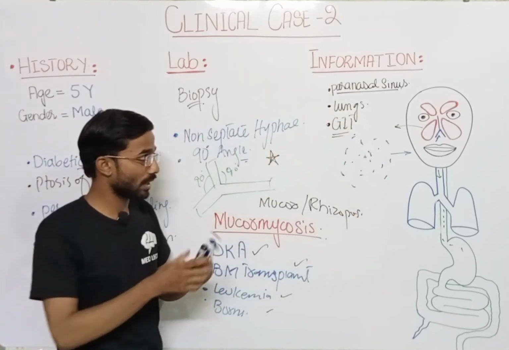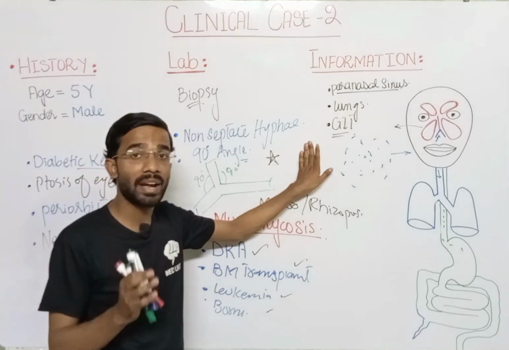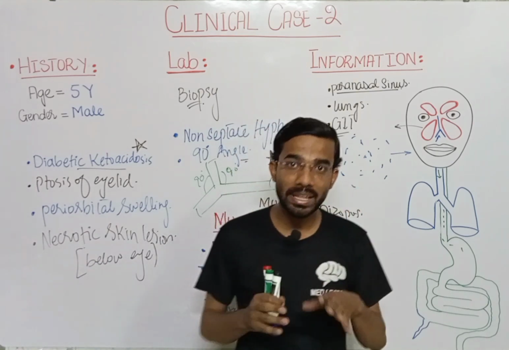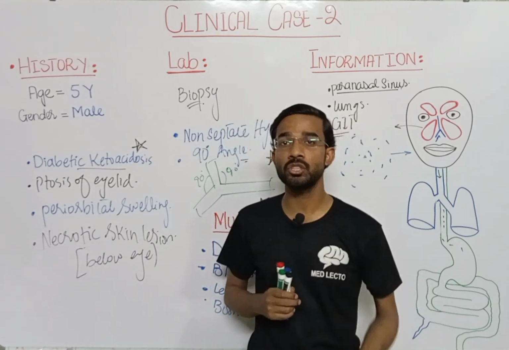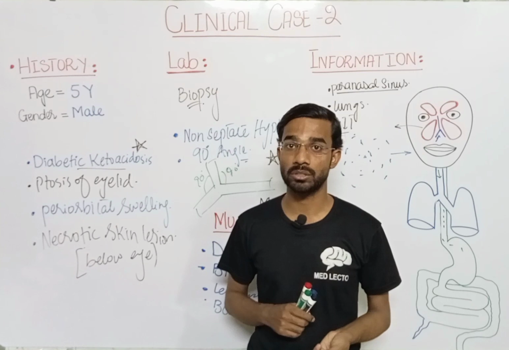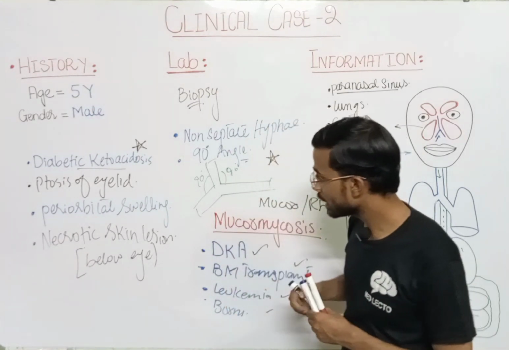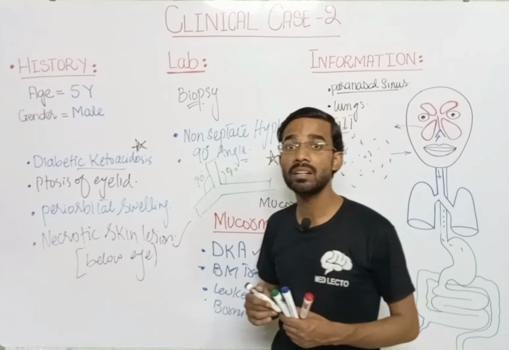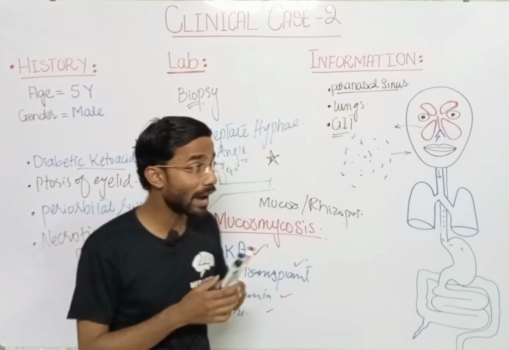These spores proliferate in the blood vessel wall and block that wall, and due to the blockage of the blood vessel, you see necrosis. That's why you see a necrotic skin lesion below the eye. Why?